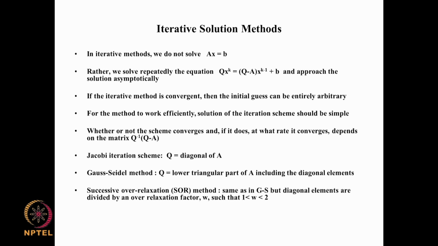We can have an explicit way of calculating successive values of xk from xk minus 1, and not only that, we have a fairly simple robust rule for checking whether for a given Ax equal to b, whether the Gauss-Seidel method or Jacobi method will work, okay, in the sense that whether or not they lead to a convergent solution.